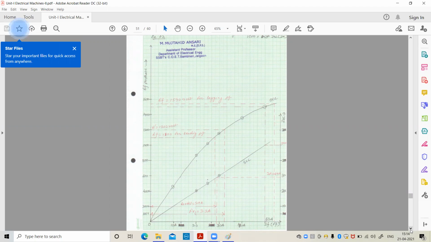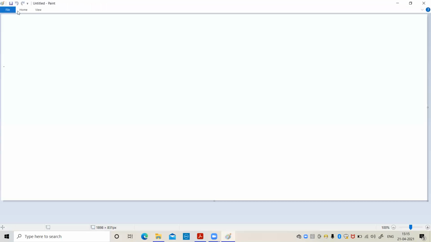So we can say that at 50 ampere, this is 40 and this is 50 ampere or 55 ampere. At 55 ampere the voltage is high, and here we are getting the current as 500 ampere. So from this graph, we try to solve the numerical by EMF method first.